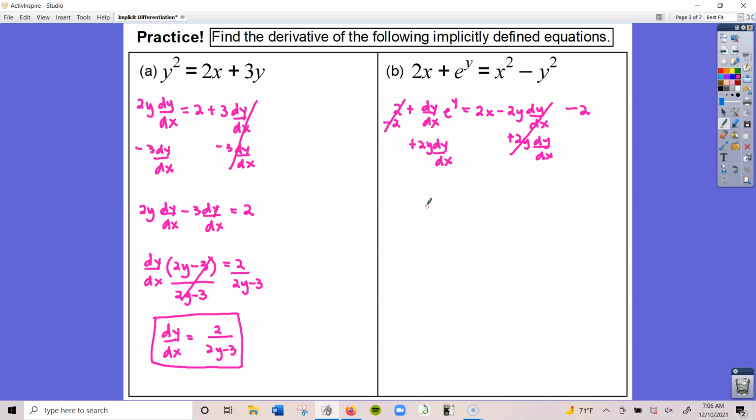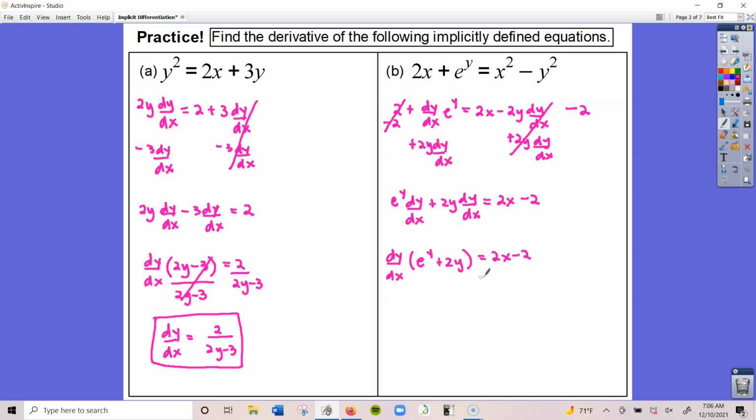So now on the left side of my equation, I have the e to the y dy dx plus 2y dy dx is going to equal to 2x minus 2. Now that you have all your dy dx's on one side, we're going to factor it out. And inside my parentheses, I'm left with the e to the y plus 2y. And that's going to equal to 2x minus 2.